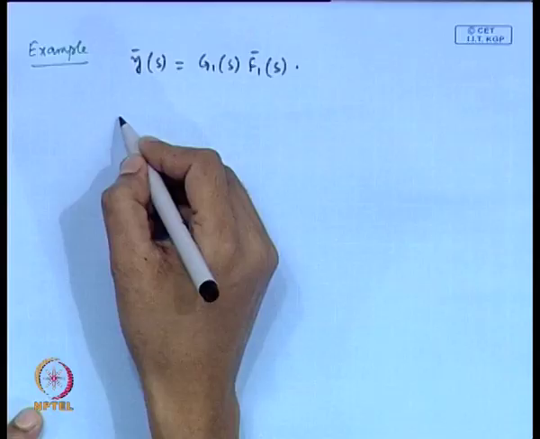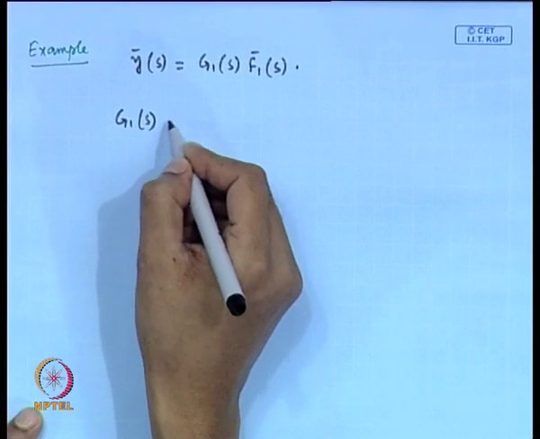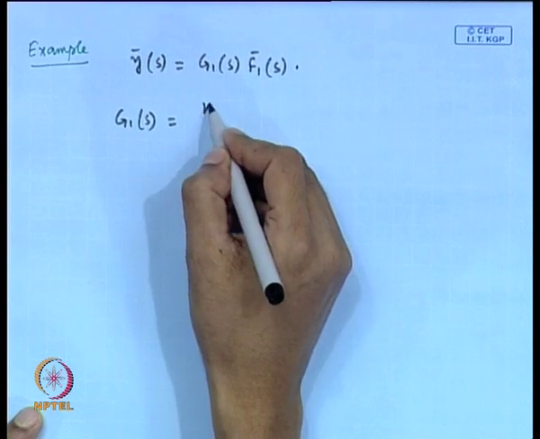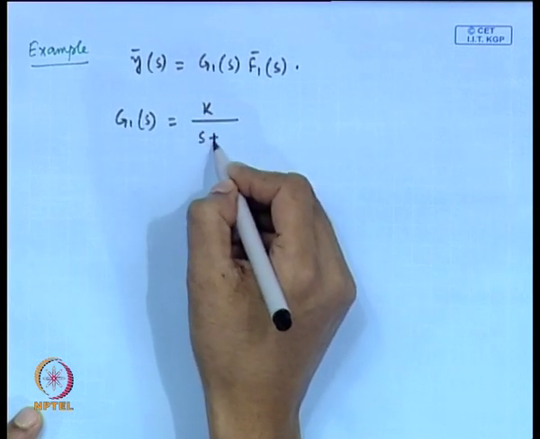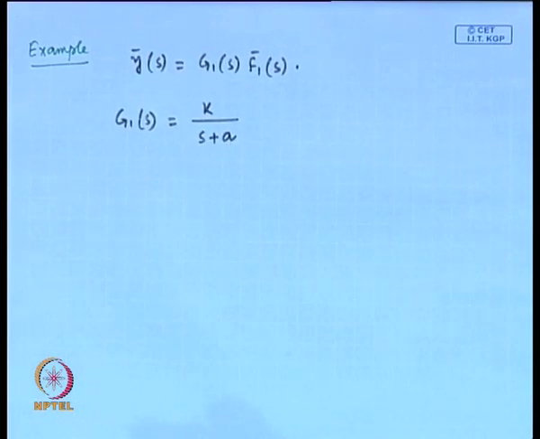This is the representation of the model for a seesaw system in Laplace domain, where G1 is given as k divided by s plus a. Fine.